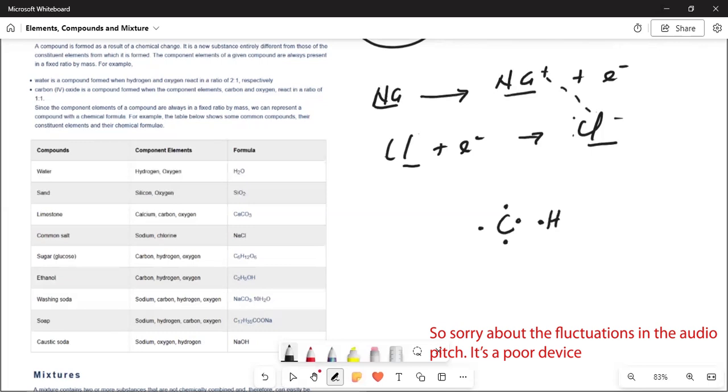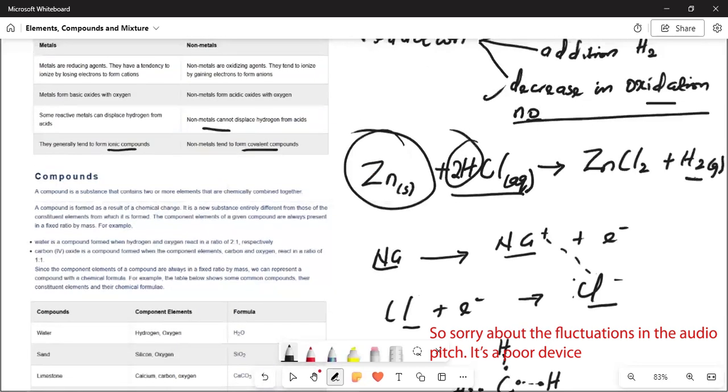So for a bond to be formed between them, instead of a transfer of electron from one atom to another, there's going to be a sharing of electron. That type of bond that is formed as a result of sharing of electron between the atoms involved is a covalent bond, and the compound is a covalent compound. So while metals form ionic compounds, non-metals form covalent compounds between themselves. That is what that point is talking about.